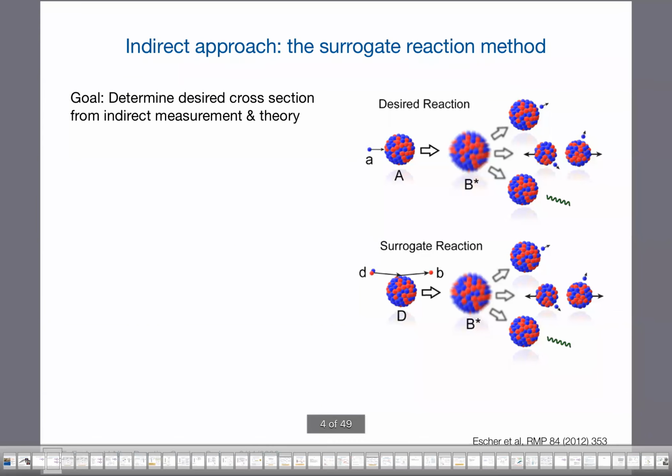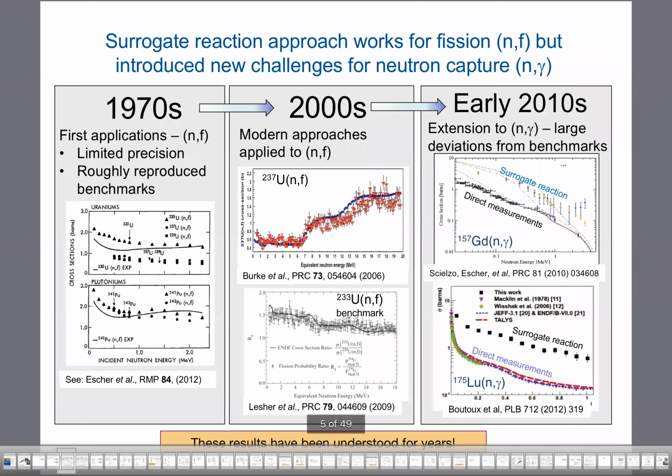This, of course, is not a new idea. In fact, it was used extensively in the 1970s to get a first estimate for a lot of cross sections that people were interested in. That idea was followed for some years, and it was picked up again in the early 2000s by some of my colleagues at Livermore, but also by people in France and in Japan.